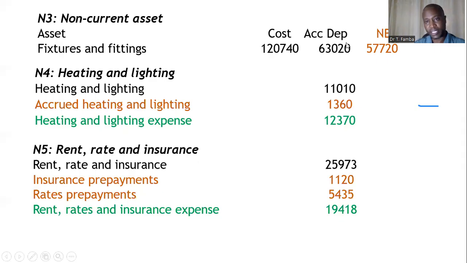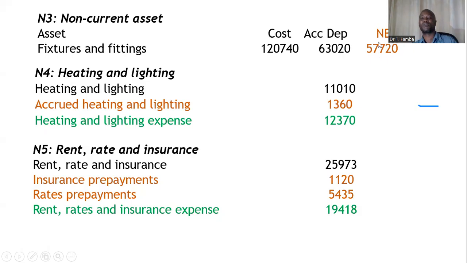So our current depreciation charge is included in this amount, and we are already given what the amount is. So we don't need to include it here. All we need to look for is the net book value. So since we are given accumulated depreciation for the previous periods plus the current period, we just subtract that accumulated depreciation from the cost, and we get the net book value.